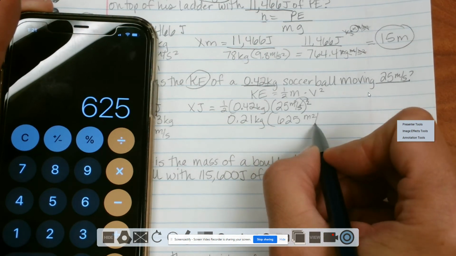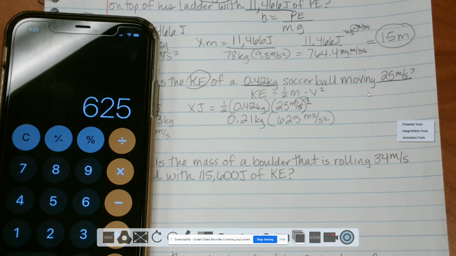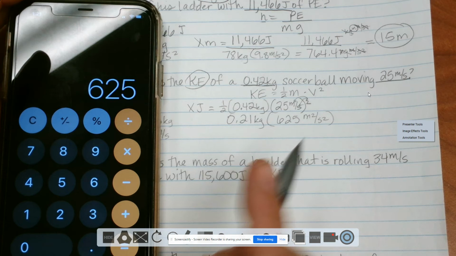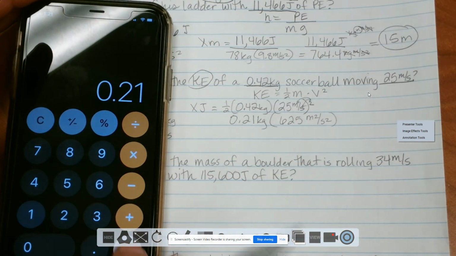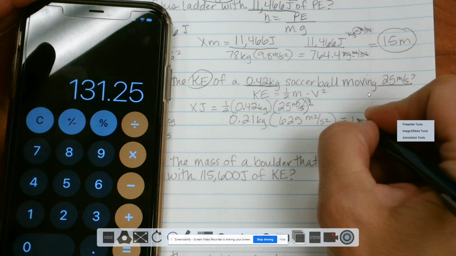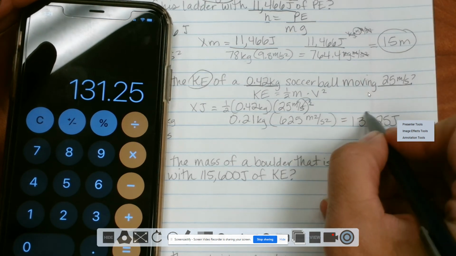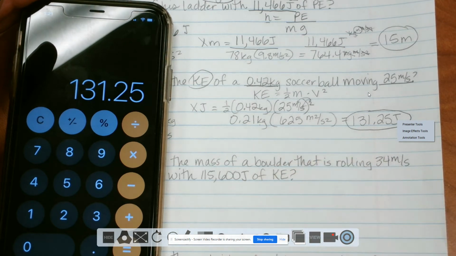Meters squared per second squared. Now I don't have a squared outside the parentheses anymore because I've squared everything inside. So now I'm just multiplying these two numbers, 625 times 0.21, and I get 131.25 joules, because a joule is a kilograms meter squared per second squared.